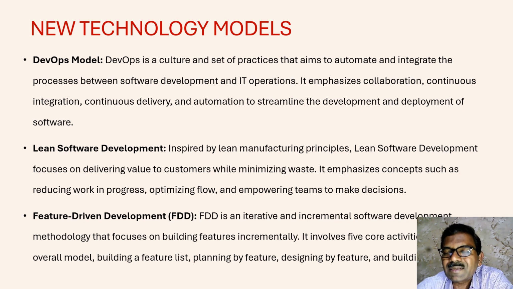Just like mobile phones, we keep coming with new features in new models. The approach is something like that. So planning for a new feature, design for a new feature, building on the feature. So it is feature driven. Your software development evolves, new features are adopted, and that is why it is called FDD, or feature driven development.